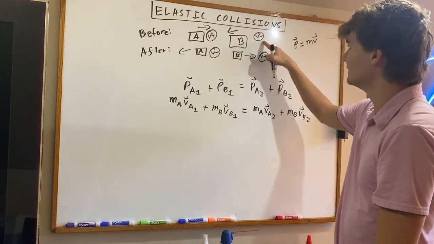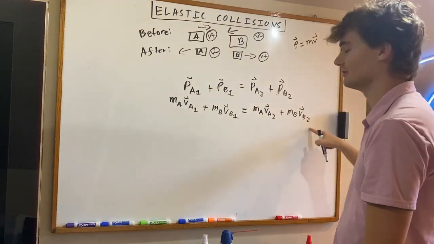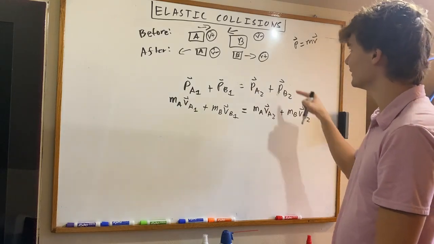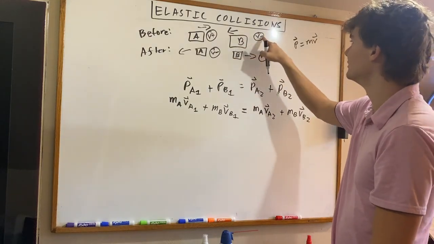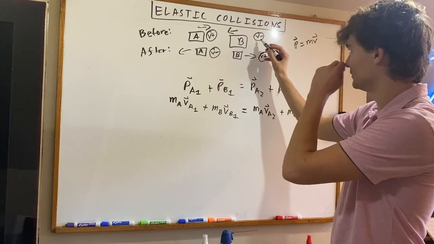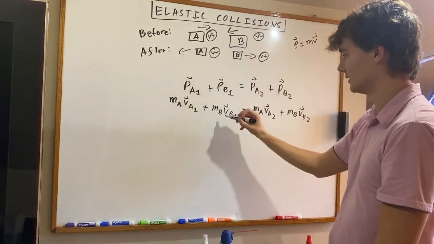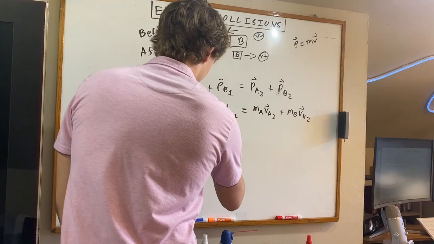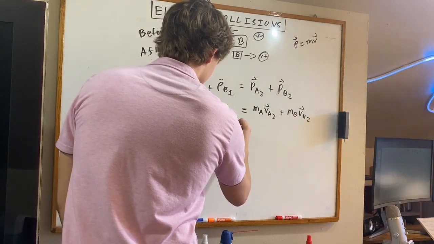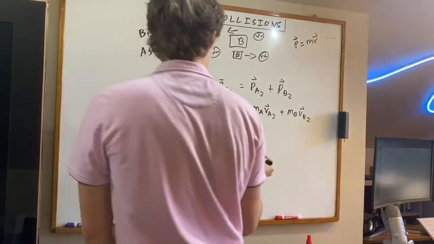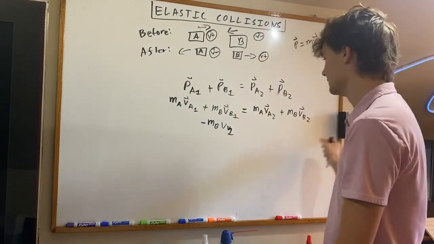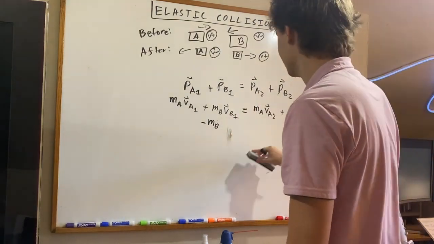What we can see is that everything is positive right now, so it doesn't really fit the scenario, but let's make it fit the scenario. Before, v is negative for B. So we'll put a minus sign here, MB VB1, and we can actually take away the vector. Let me write that again.